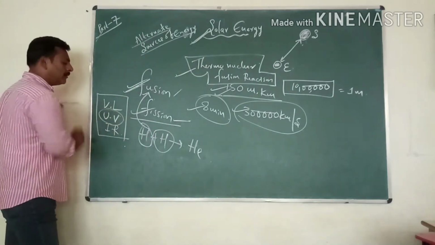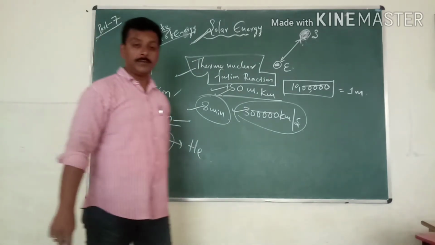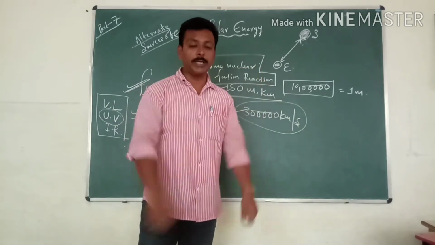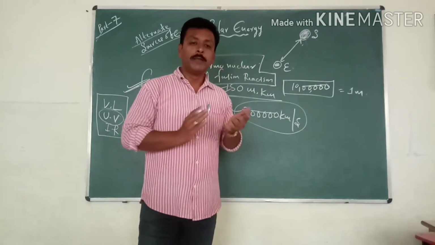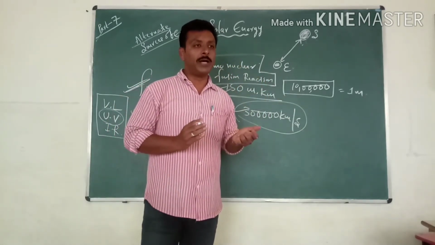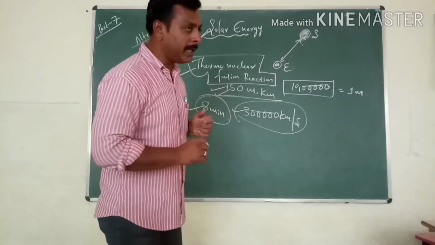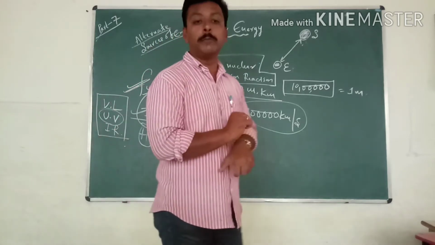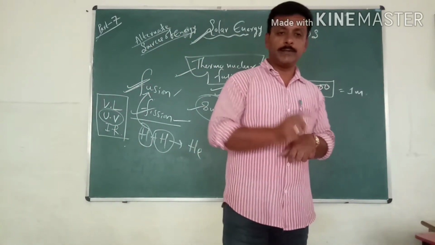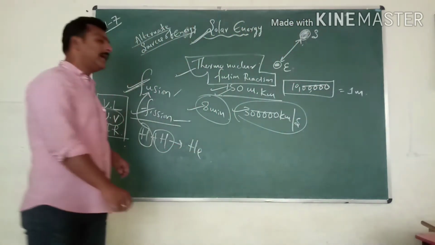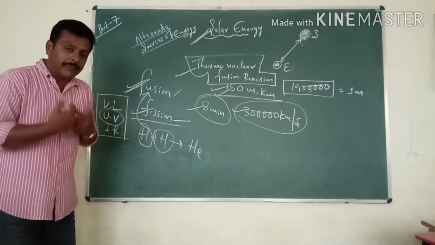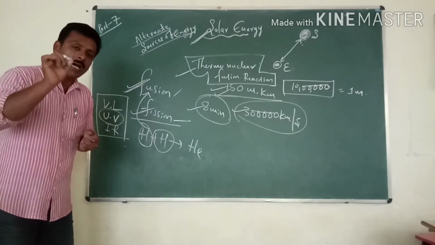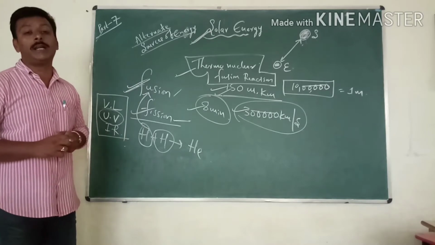UV rays affect our skin also, that's why we all apply sun protection formula, SPF. Like SPF 25, SPF 50, you apply it because ultraviolet rays cause sunburn. The ultraviolet radiations we face are very harmful.